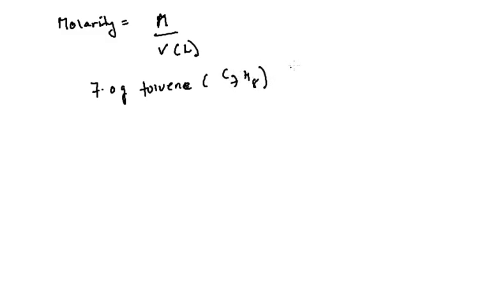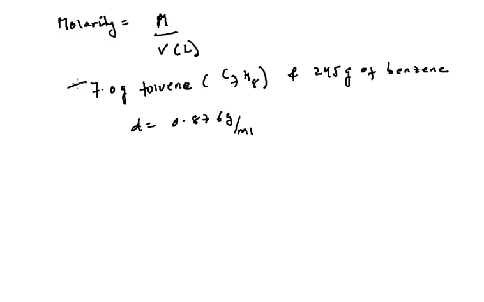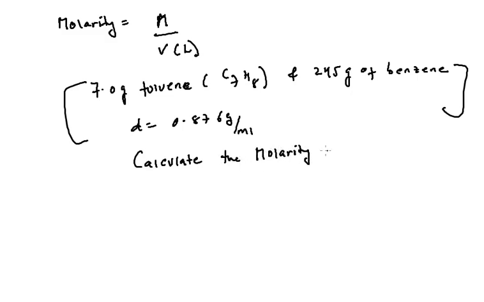It is dissolved in 245 grams of benzene, and the solution has a density of 0.876 gram per milliliter. So these are the given values. From these, we are asked to calculate the molarity. So how do we get molarity here?